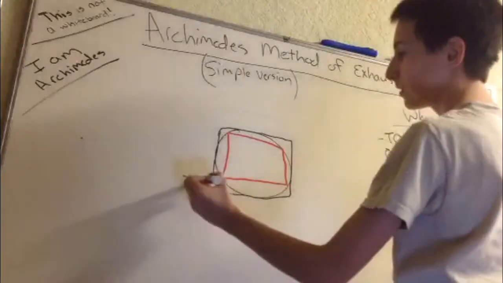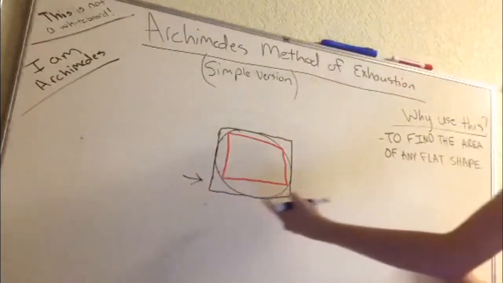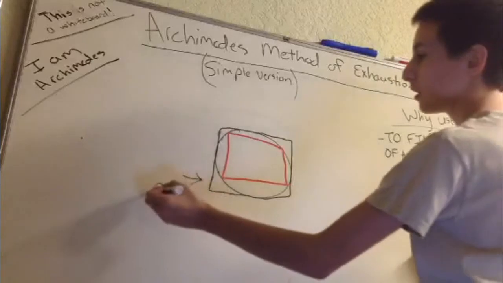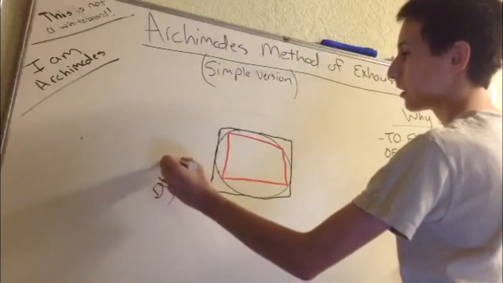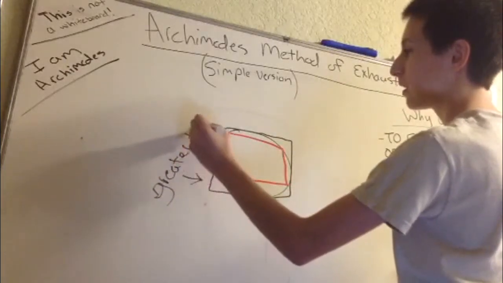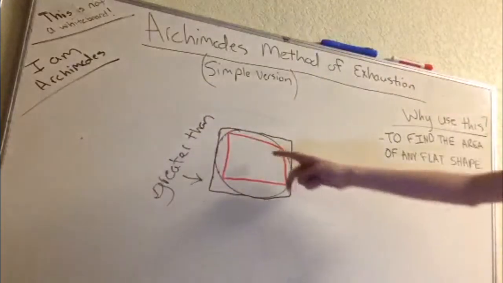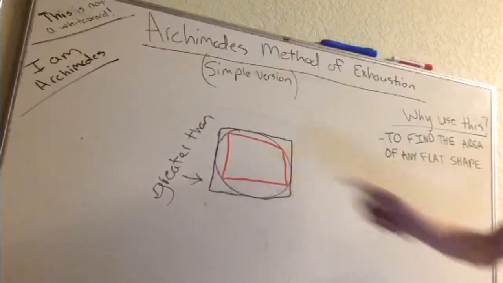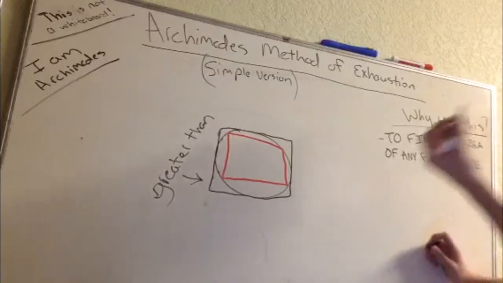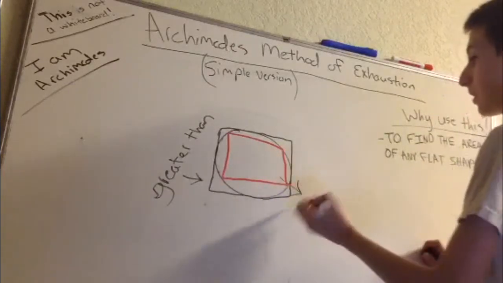So the area of this circumscribed square is obviously going to be greater than the area of the circle. And this inscribed square is obviously going to be less than.